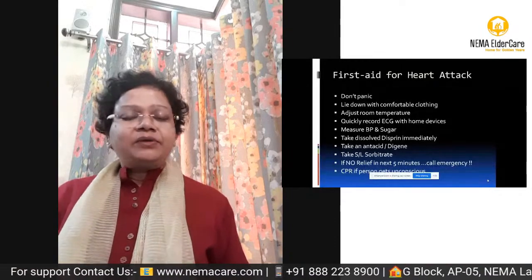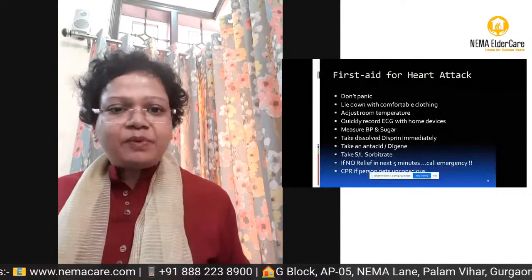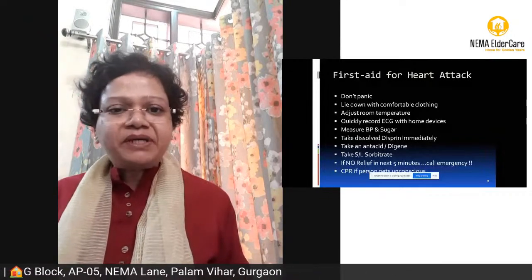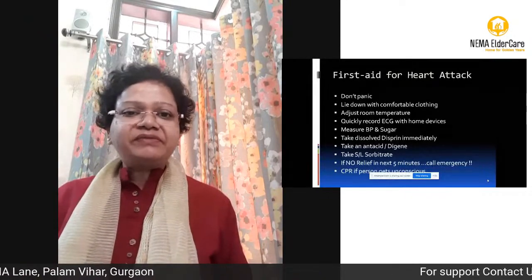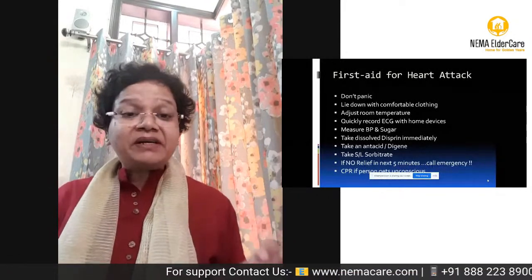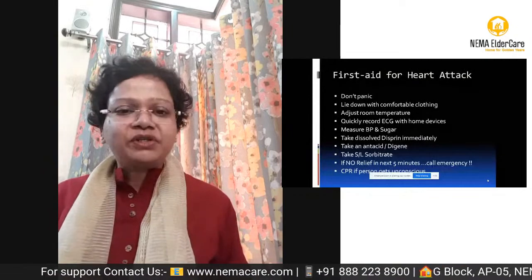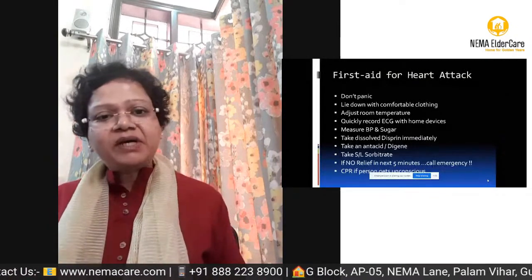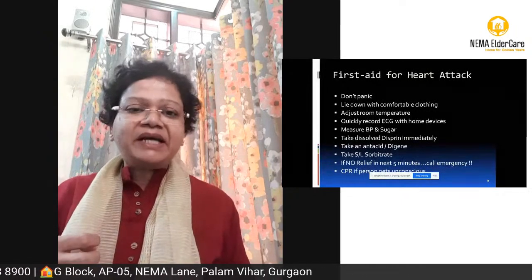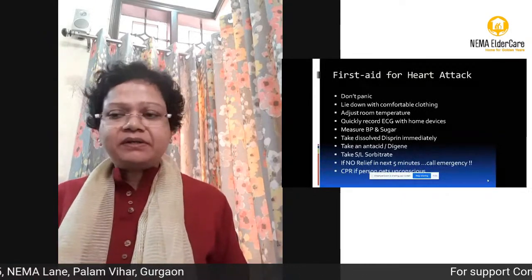Quickly record an ECG if that is possible. If you have an ECG machine at home, record the BP, sugar, drink some water if the person is appropriately conscious. Do not try to push in water in somebody who is semi-conscious, because that may get stuck into the breathing pipe and may cause problems, right?